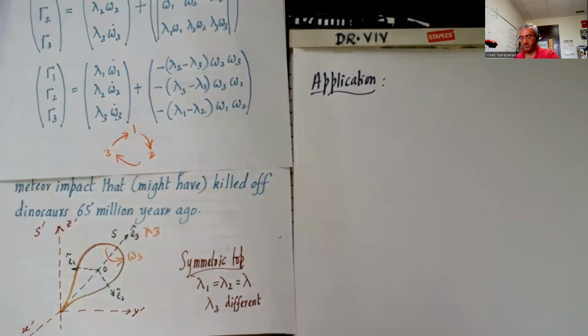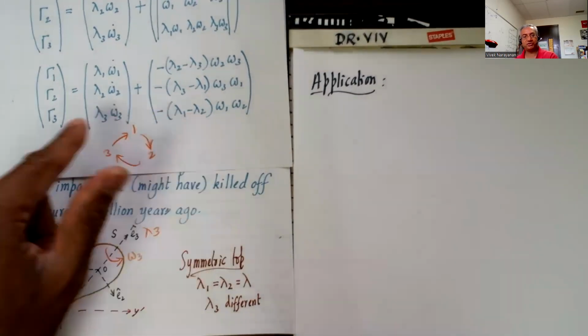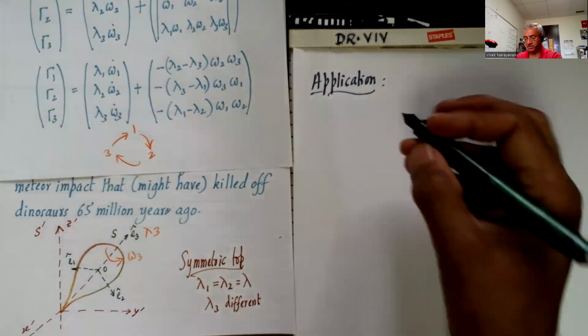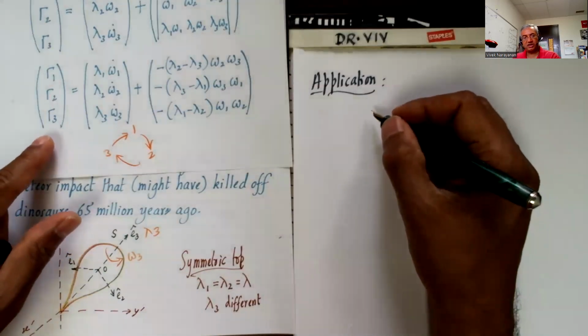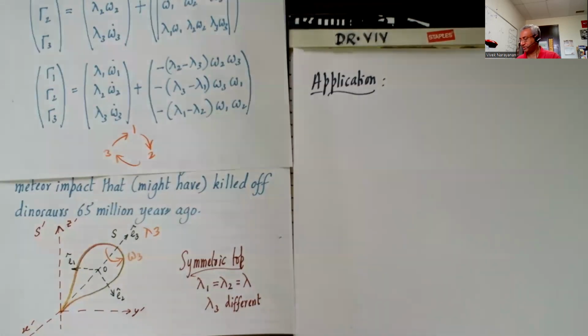All right. When you do that, immediately you notice, because lambda 1 is the same as lambda 2, the third equation becomes very simplified. So let's go with the third equation first. There's no external torque in the third direction. What is torque in this case?